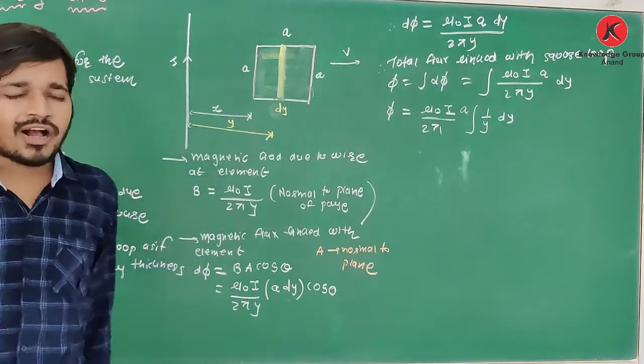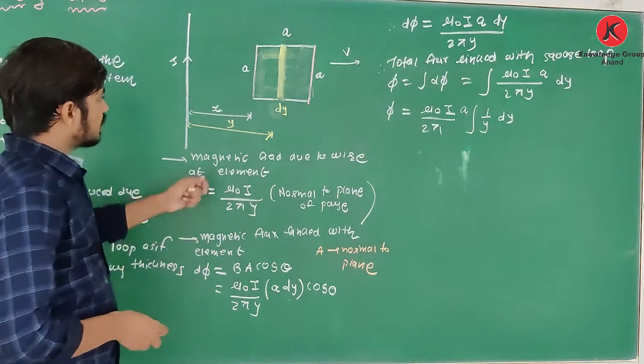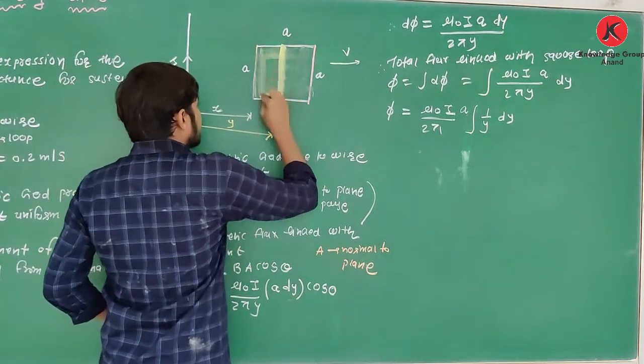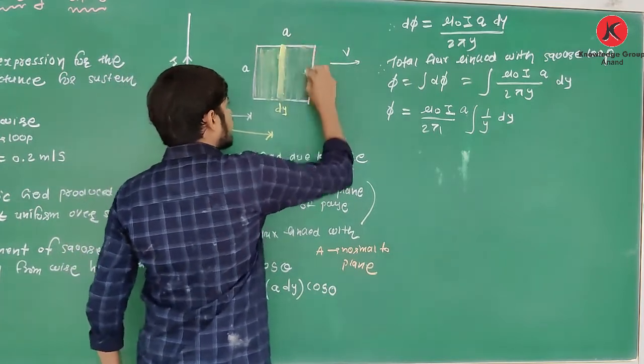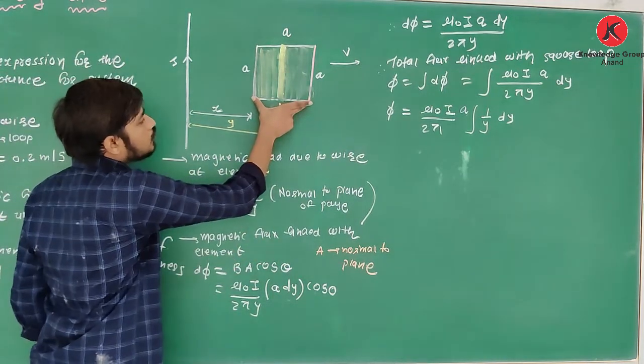But we have to find the flux passing through the square loop. So the elements are like this: first element, second, third, fourth, fifth, sixth, and so on. These elements lie between these two points.